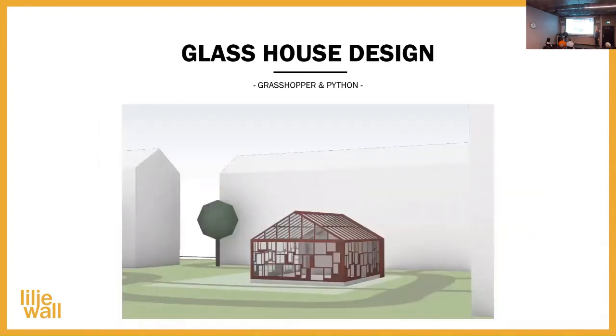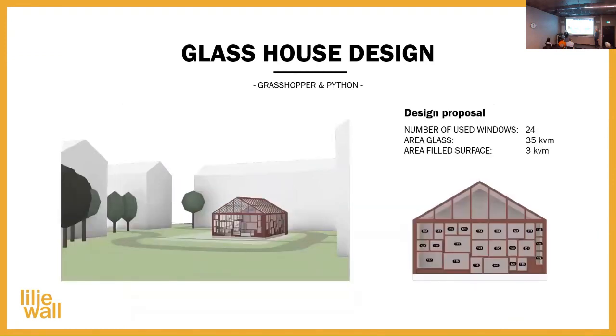And here are just some design options that we got from that code. And of course, we got a lot of data with this as well. And the most important data was the amount of windows used in the facade, and also which windows we had used, the area of glass, and the area of filled surface, which should be as small as possible.